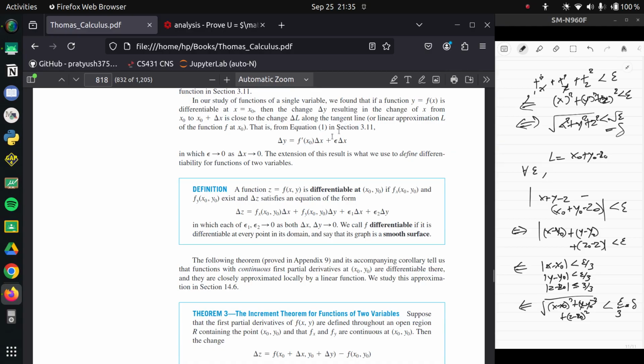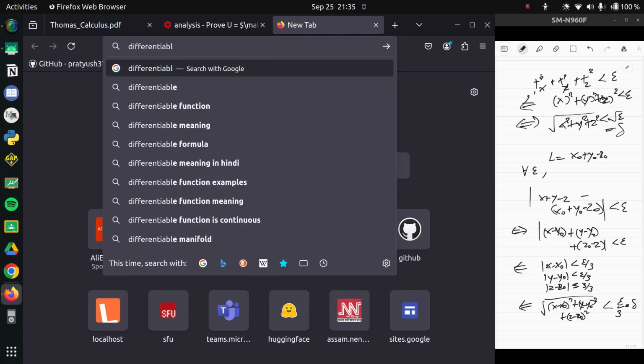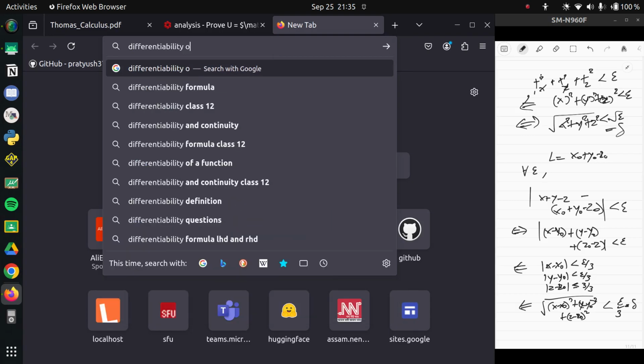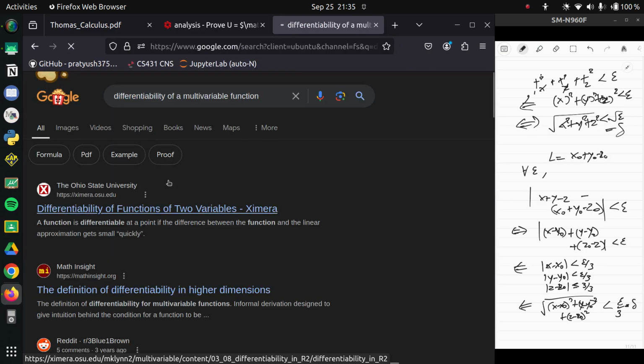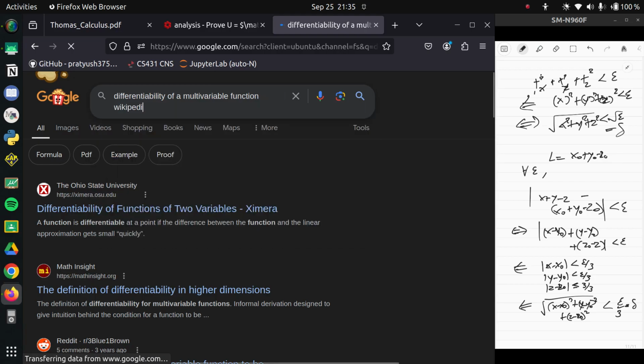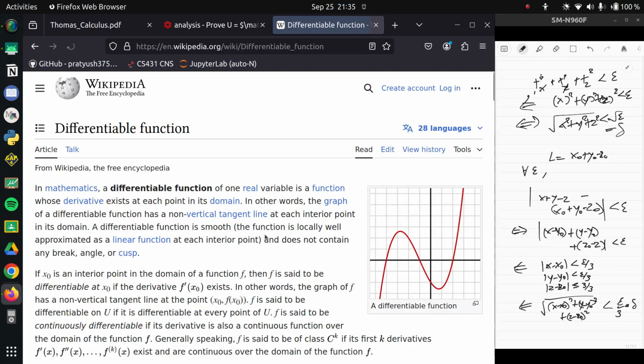Let's actually search up the actual definition of differentiability of a multivariate function. So differentiability of a multivariable function. Yeah. So I'm just gonna go for Wikipedia, probably the standard thing. Yes, we have a multivariable differential function, whatever.